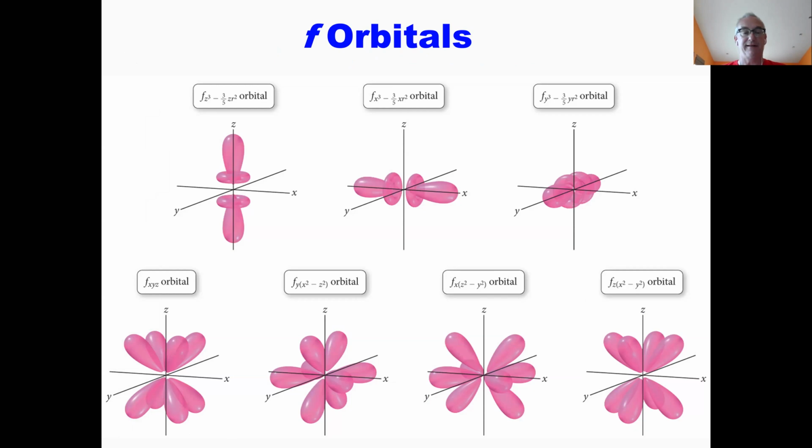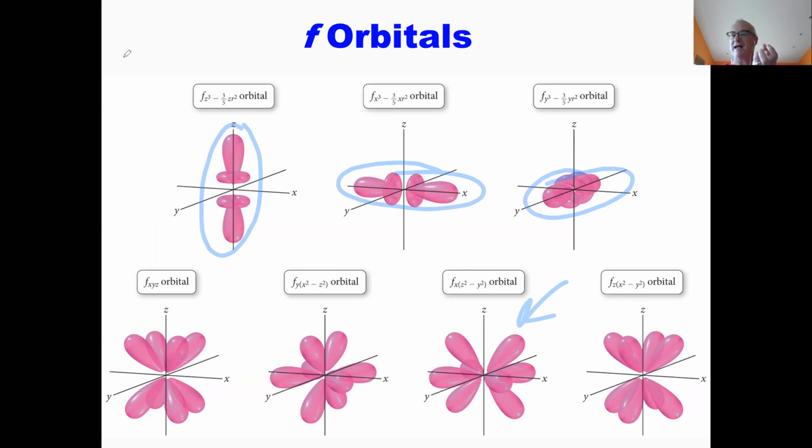Some of them look like 8-lobed shapes, like some crazy thing a clown would make at a children's birthday party, stretching the balloons together. And then these other ones look like top hats. And then this one is just completely insane.